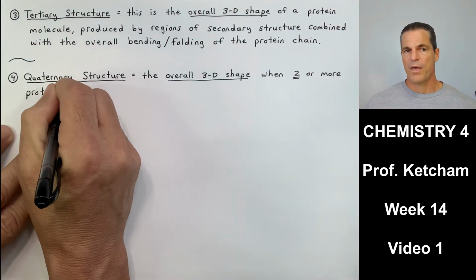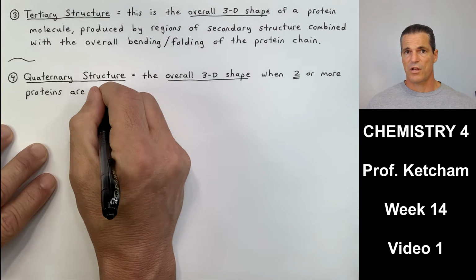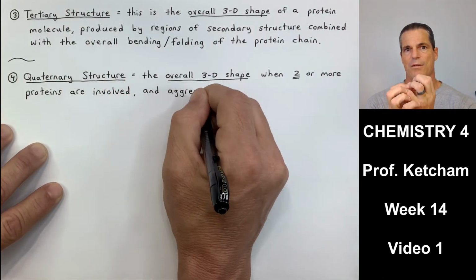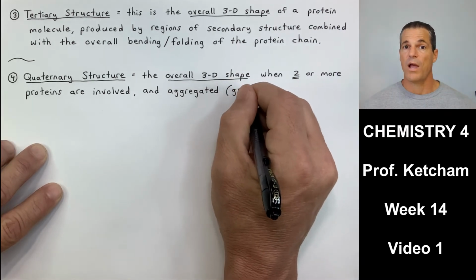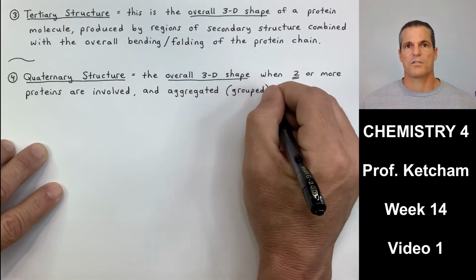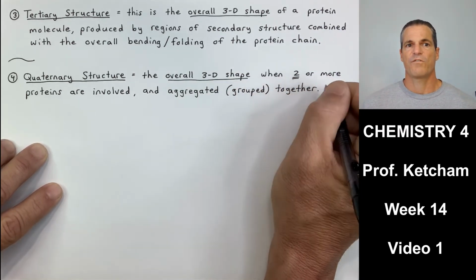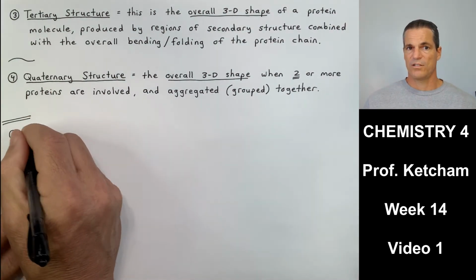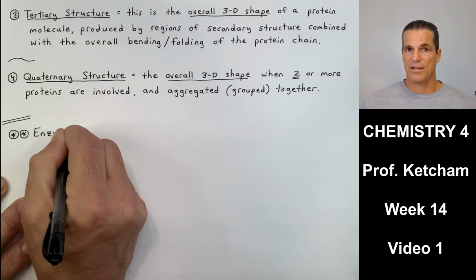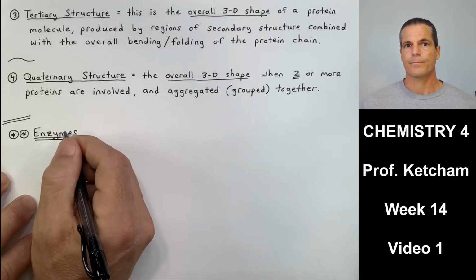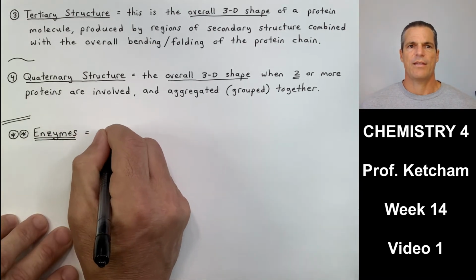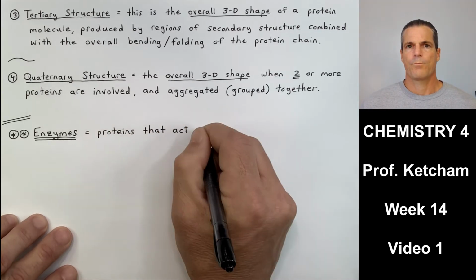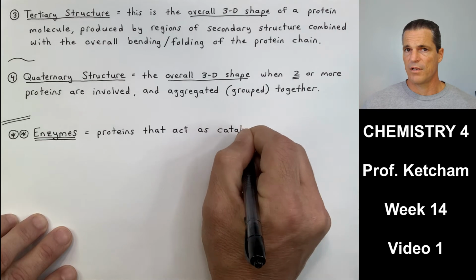This is essentially a tertiary structure of 2 individual proteins conglomerated together. Then you take that overall aggregate and go, oh, well, that's the quaternary structure. So the definition for that is the overall 3-dimensional shape when 2 or more proteins are involved and aggregated or grouped together. All right, so that is protein structure and function. Primary structure is the most important of those 4.